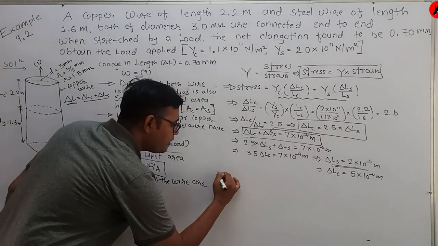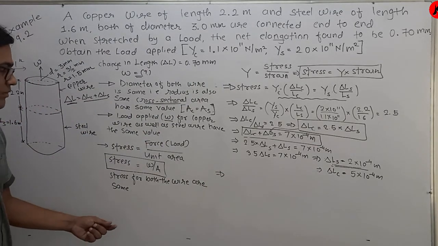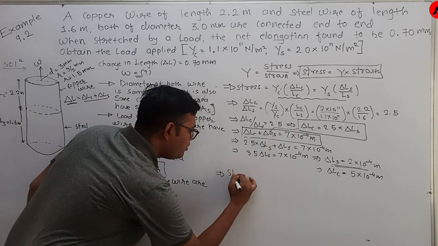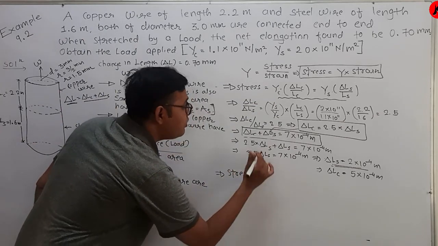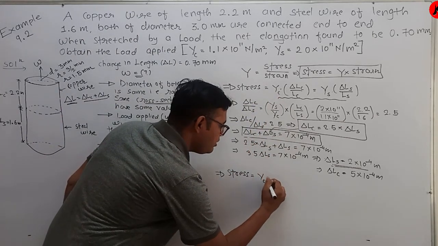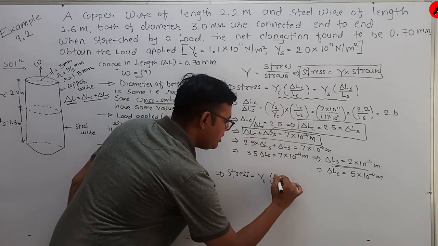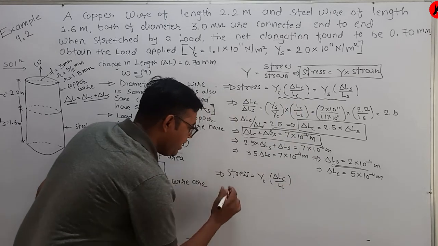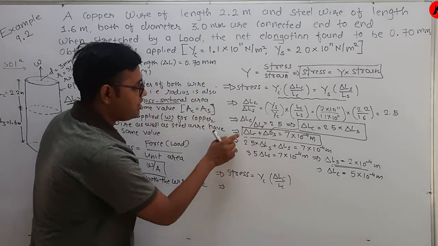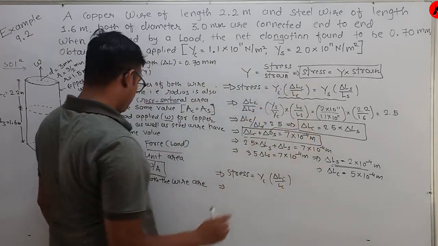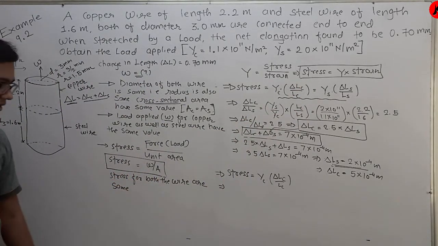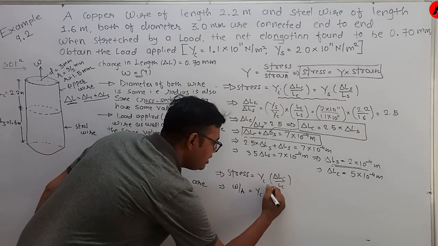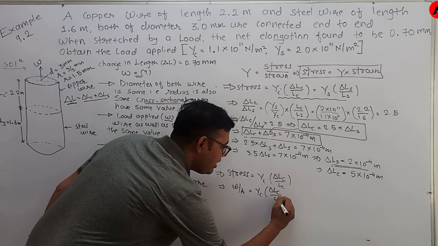Now we have this equation: stress equal to YC into delta LC by LC, right? And stress is given by the equation W by A. So put W by A equal to YC into delta LC by LC.